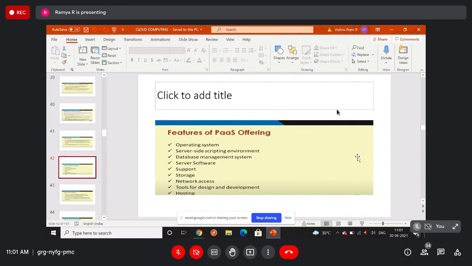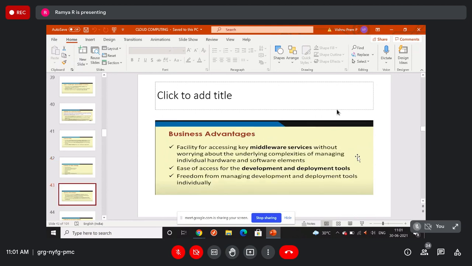PaaS, what are the things it offers? Operating system, server side scripting, database management system, server software support, and next, storage, network access, tools for design and development, hosting. So all these things are provided.